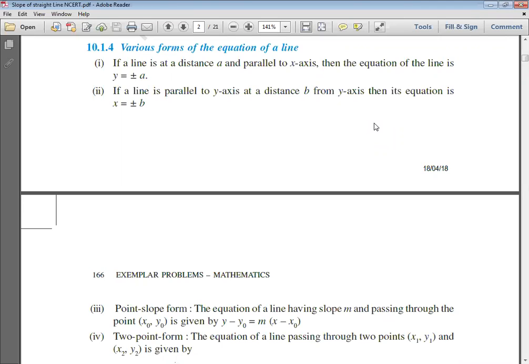Different types of equations of straight lines are there, and to write the equation of a straight line, we must have some information.